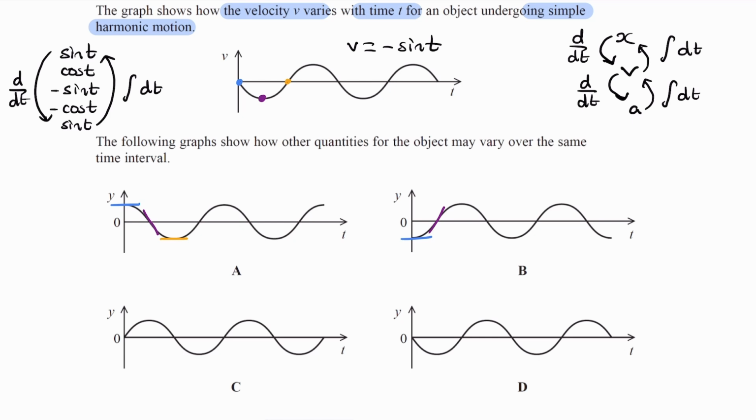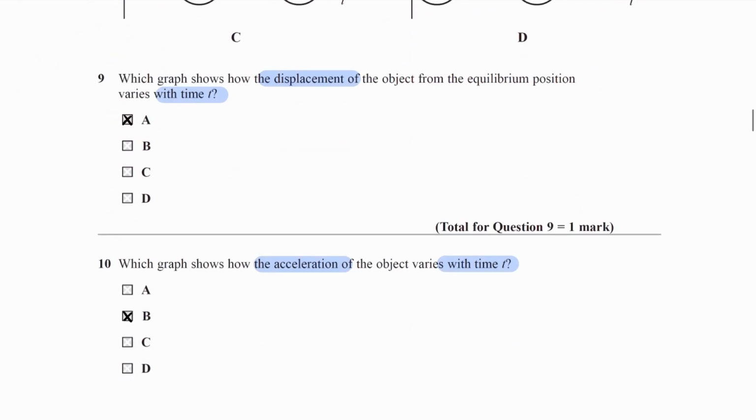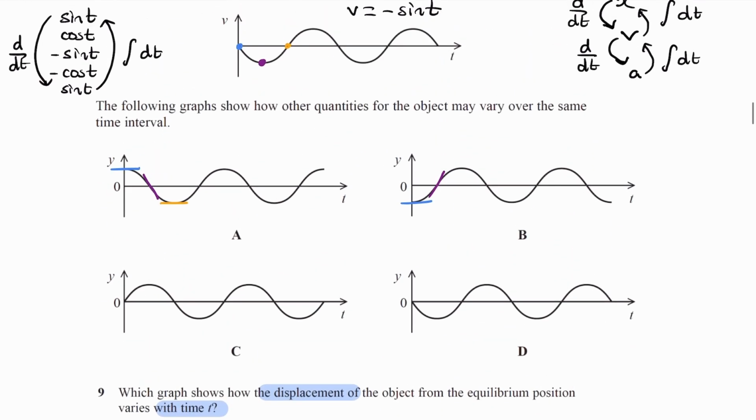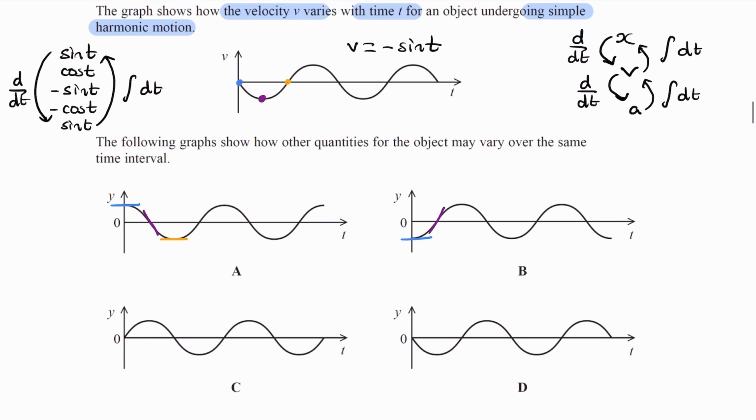And then question 10 was asking us to get the acceleration. So the gradient of the velocity time graph tells us the y coordinates for the acceleration time graph. The initial gradient of the velocity time graph is a max negative value. So the y coordinates for our acceleration time graph should start by being a max negative value. The only option that satisfies that is B, but again I'll go through a few more points.